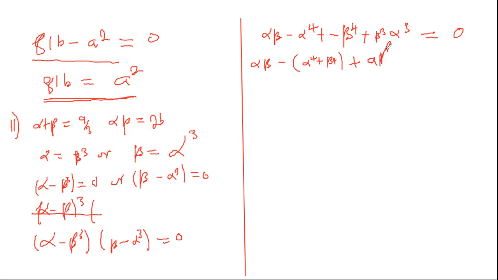This one we can put the whole of it to power 3, and we put it to 0. So we can first work on the one inside the bracket. When we expand alpha plus beta to power 4, what do we get?